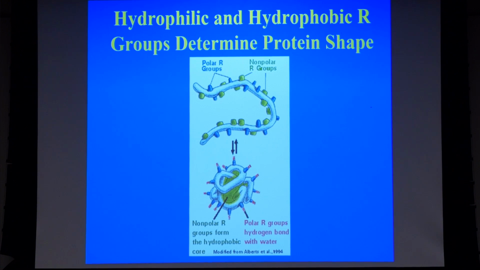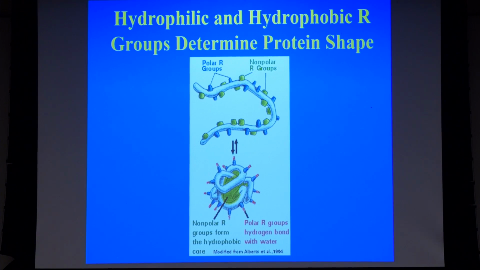Now, for years, people have tried to take the amino acid sequence, knowing the charge on each of the amino acids, knowing how polar each of those amino acids was, or how hydrophobic, and tried to predict the three-dimensional shape of the protein simply by algorithms. And it hasn't worked very well. And probably one of the reasons is that in biology, it's not just the lowest thermodynamic state which determines the shape of the protein.